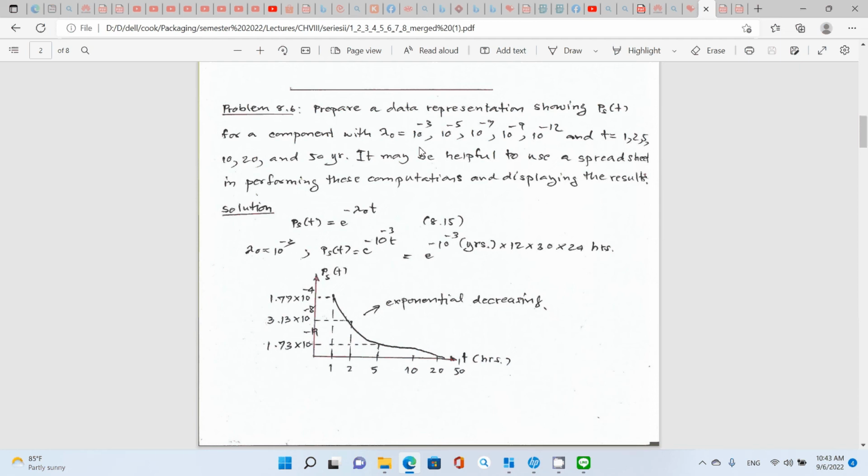Now let's pick lambda 0 of 10 to the negative third first. And your times go from 1 to 50 years. So your P(t) equals exponential of negative 10 to the negative third times t.